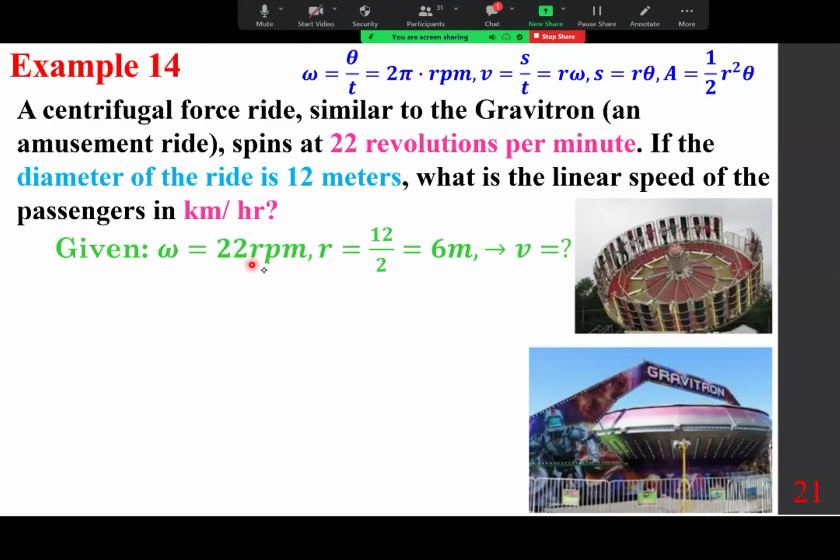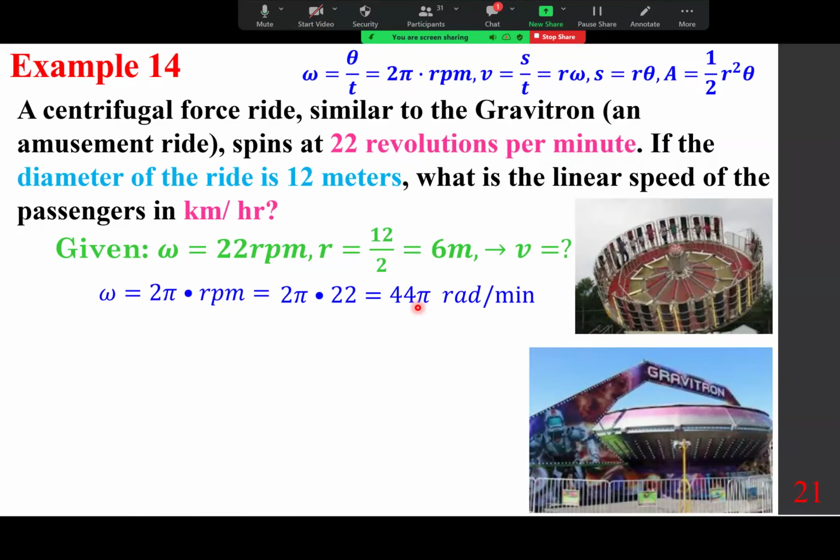Omega is 22 RPM. Remember, we want it in radians, and R means a revolution, which means 2 pi. So 2 pi times RPM. RPM is 22, becomes 44 pi radians per minute.